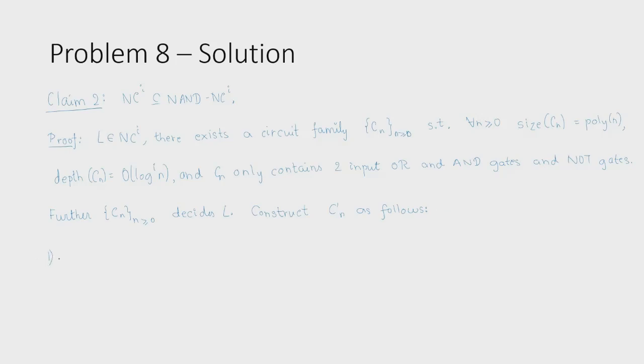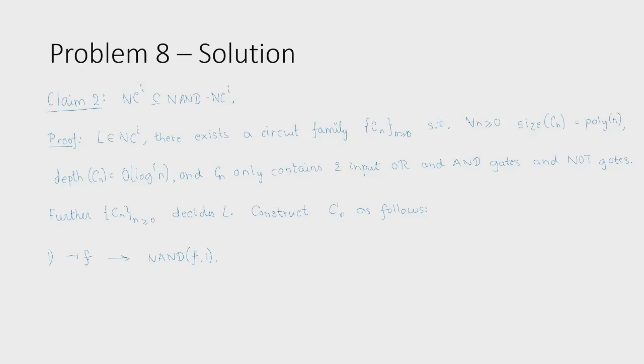Number 1: suppose that C has a gate NOT F. Replace this gate by the gate NAND F, 1. Now I claim that NOT F and NAND F, 1 are the same.